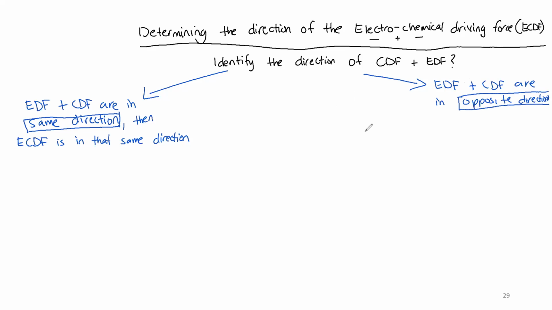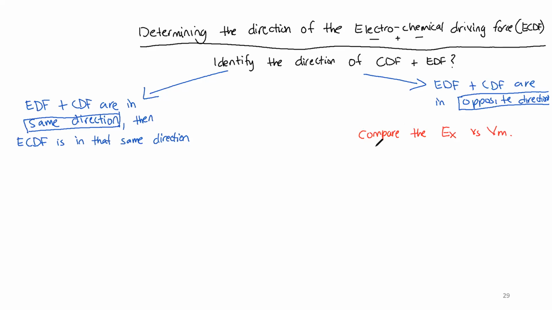We're going to look at those values, and that will tell us which is the stronger force. So if the forces are in opposite directions, we compare the equilibrium potential of the ion, EX, X representing said ion, versus the membrane potential of the cell at that time, okay?